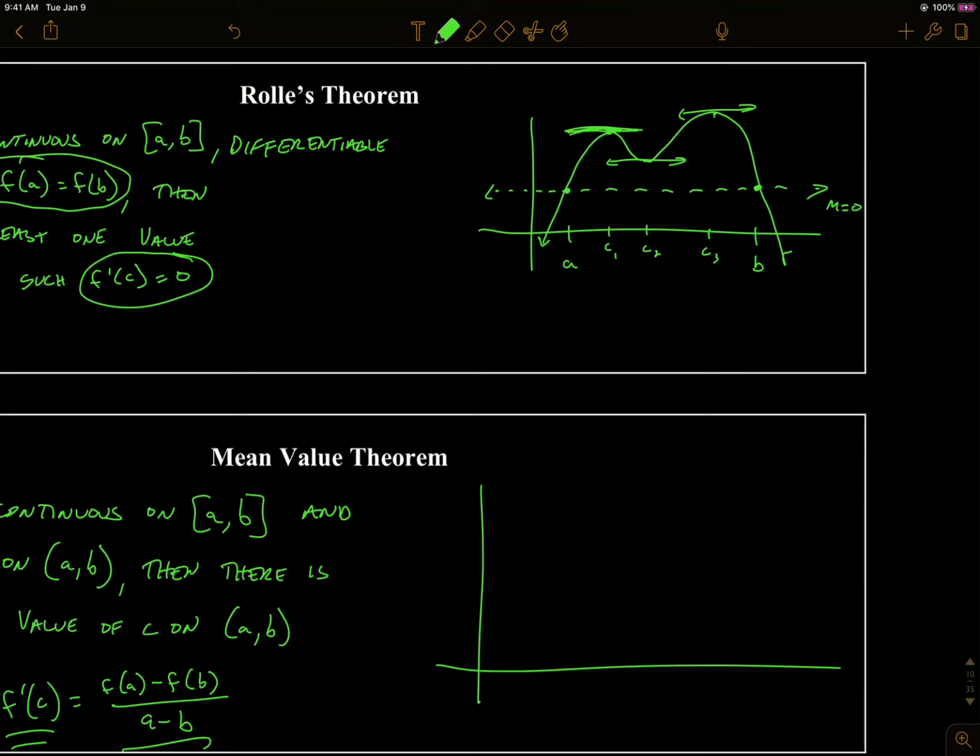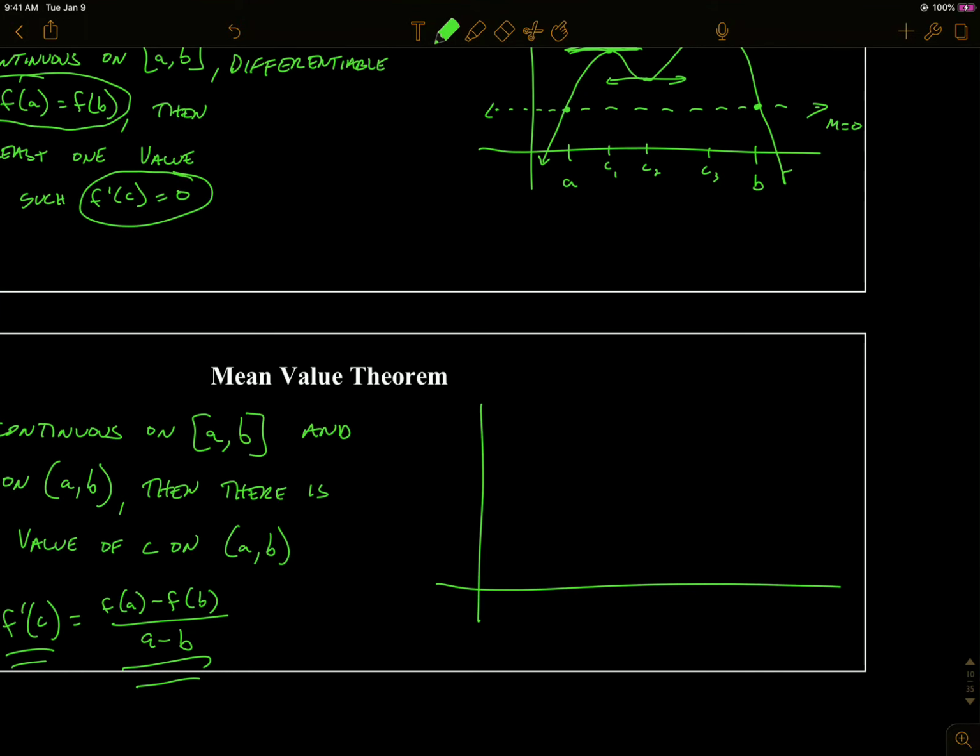So here's our picture version of this. Maybe we've got an A and a B, and maybe it looks like this. Right, so our average rate of change is the slope of our secant line.